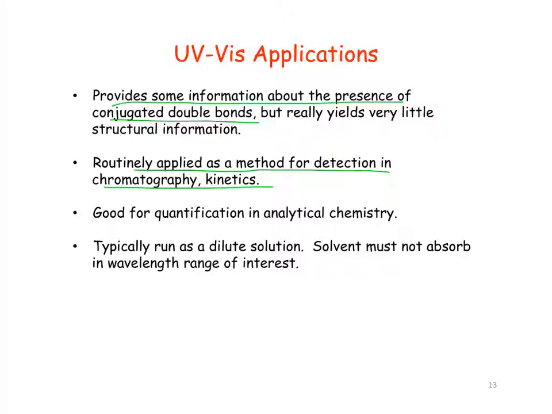Another way is it's oftentimes used as a way to measure kinetics, concentrations at times. So, for example, I don't know if Dr. Henke ever talked about this kind of thing, but in his lab, they work on enzymes that are called phosphatases. All right, and what they do is they cleave phosphate groups off of molecules in biological systems.